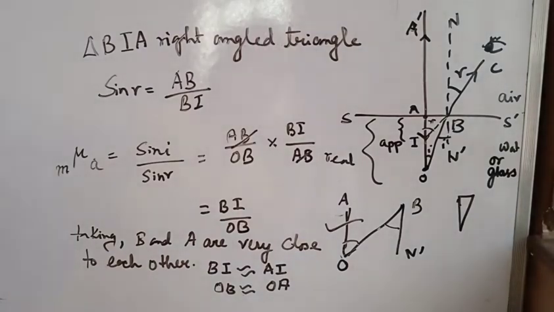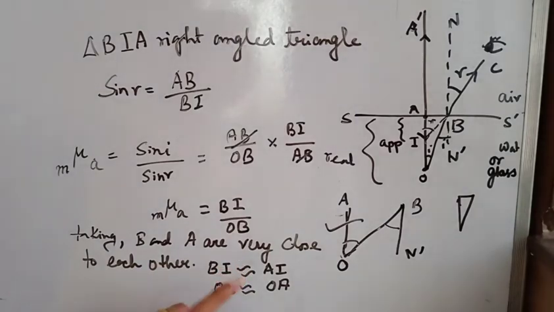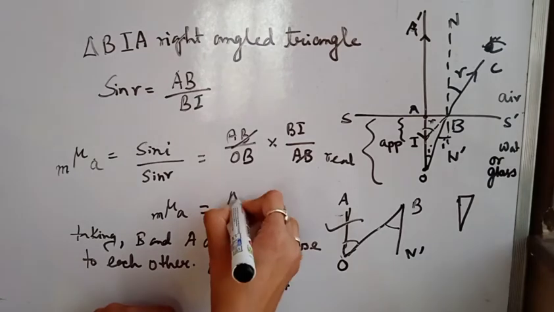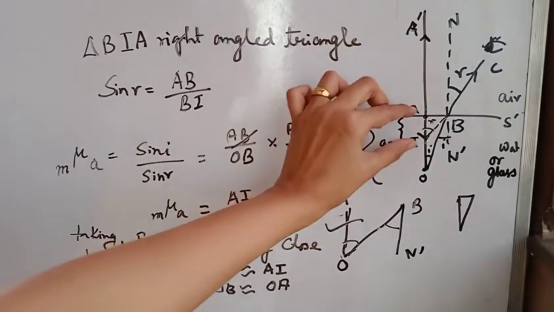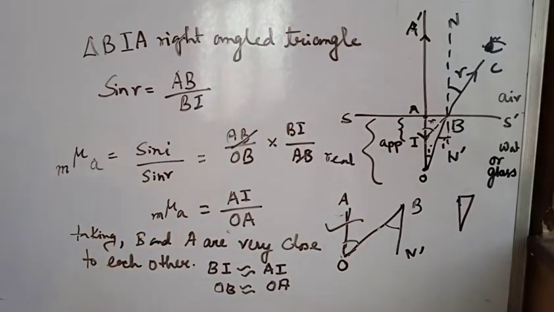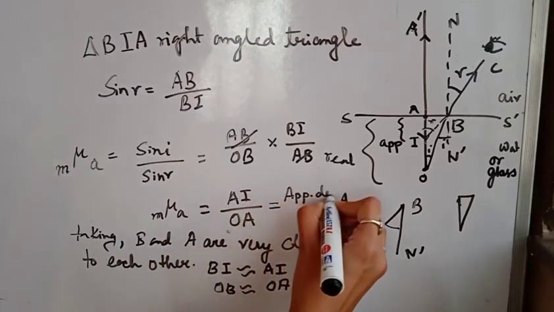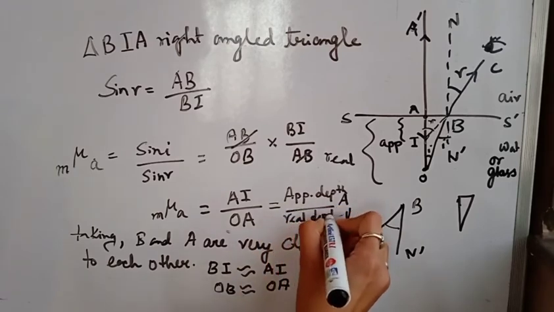Okay, these two are assumptions taken by us. So here BI by OB, taking this approximation, becomes AI by OA. Now AI, this distance, is the apparent distance, and OA was the real distance. So we can write it as apparent depth by real depth, right?